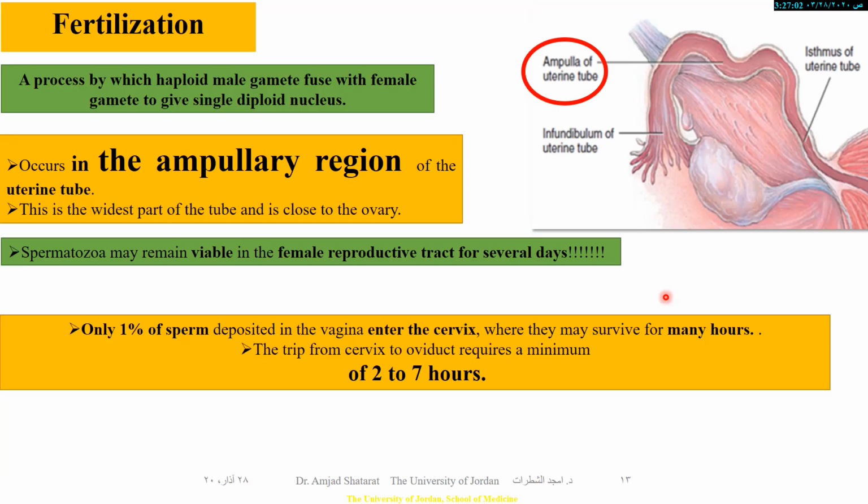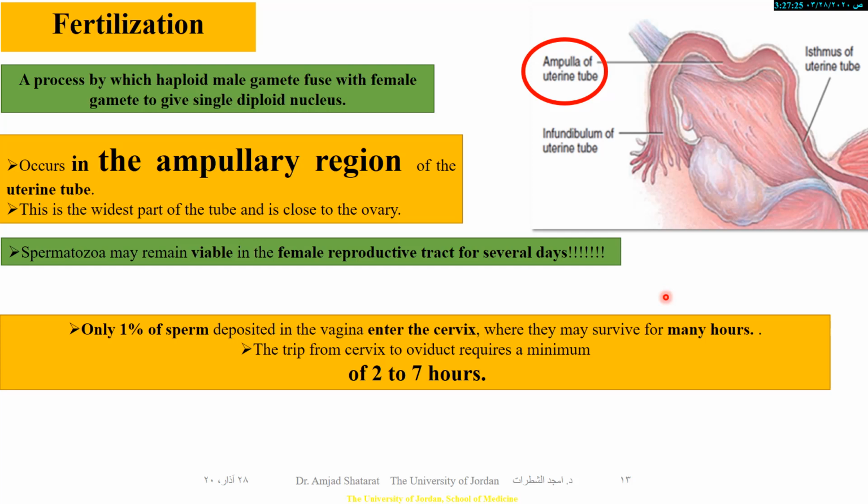Now, fertilization. It is a process by which a haploid male gamete fuses with a female gamete to give a single diploid nucleus. This is the definition of fertilization. So, do we have a haploid male gamete? Yes, we do.